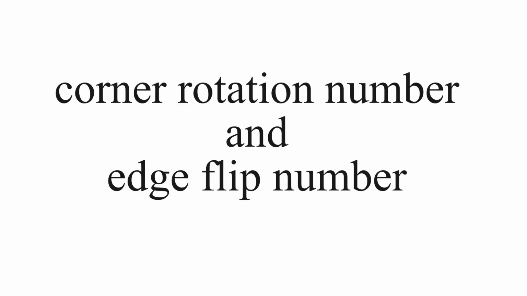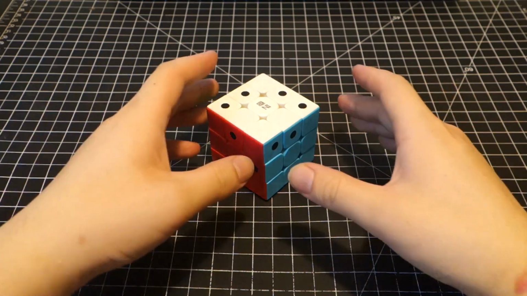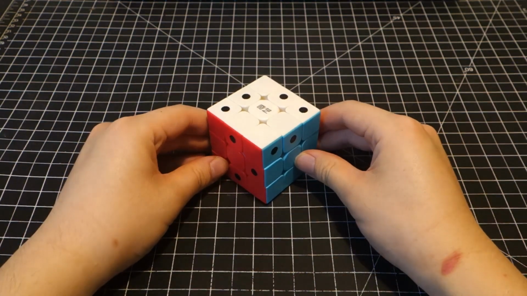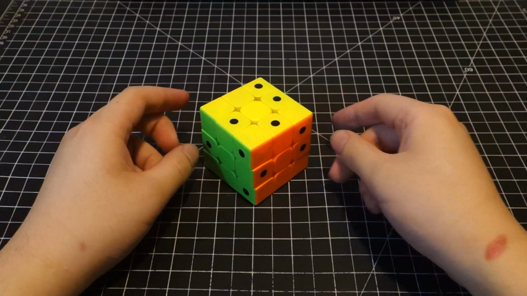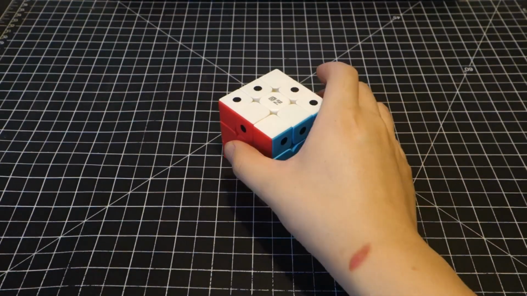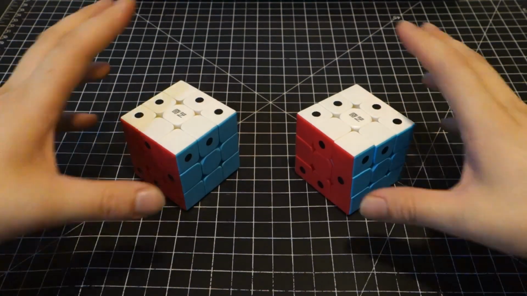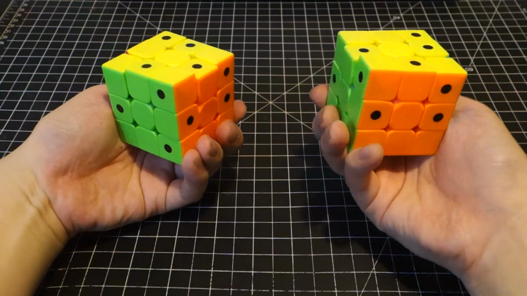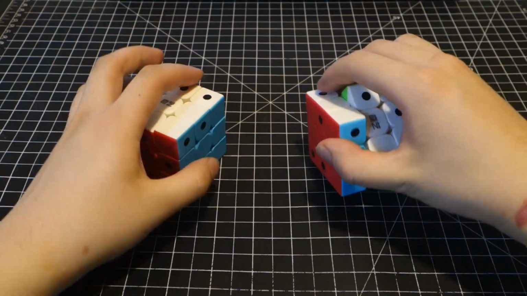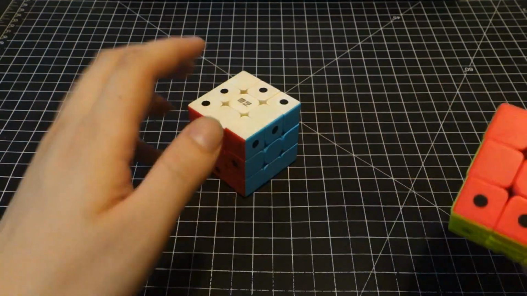Now let's move on to edge flip and corner rotation. Here you can see that I have put some markers on the cube. Specifically, on each edge piece and each corner piece, I've chosen one facelet arbitrarily to put a marker on. Make a copy of this for reference. Then I scramble the cube.